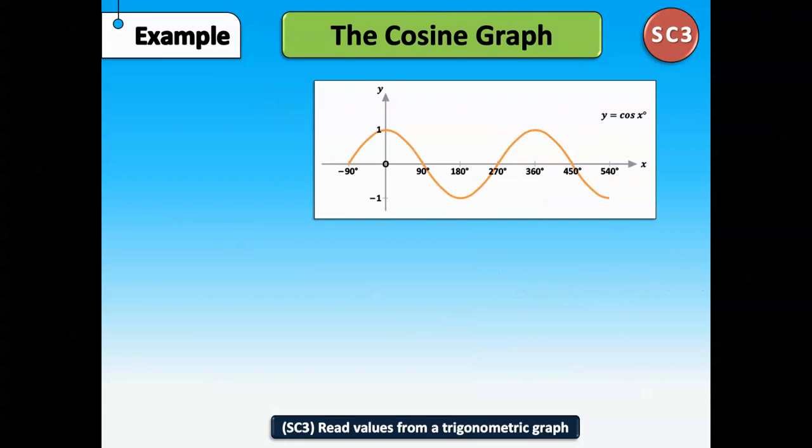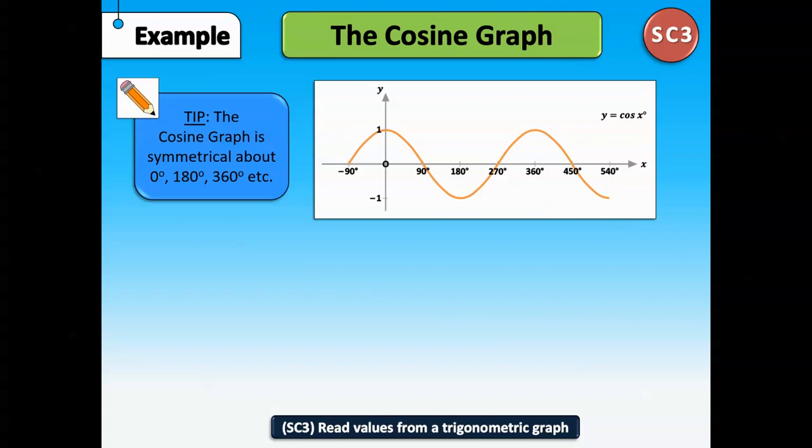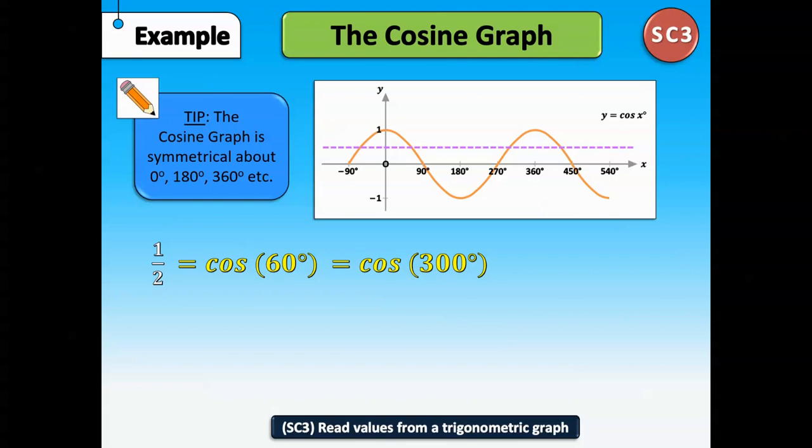Now for the cosine graph. The cosine graph is symmetrical about 0, 180 degrees and 360 degrees. If we look at the line y equals a half, it passes through these points: cos 60, cos 300, and cos 420.